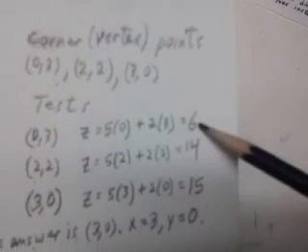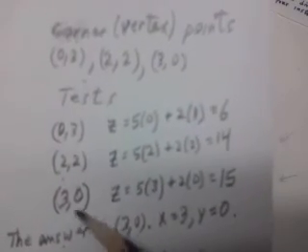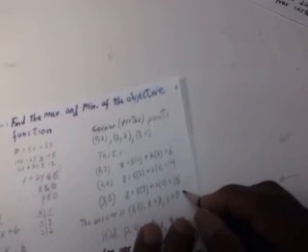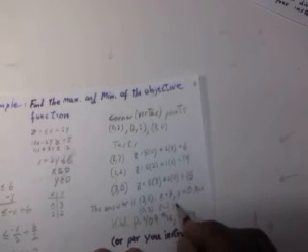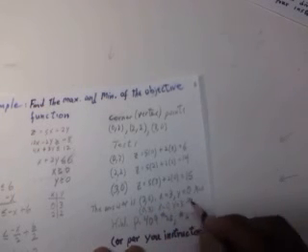So as you can see here, the minimum is at 0, 3. X equals 0, y equals 3. The maximum is at 3, 0. So for the answer, you would have 3, 0 for the maximum, and 0, 3 for the minimum.